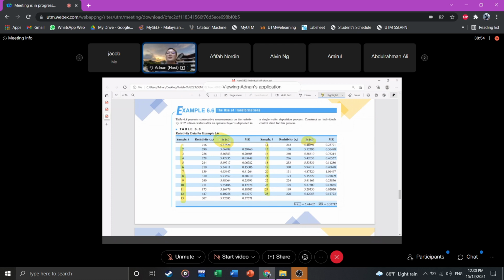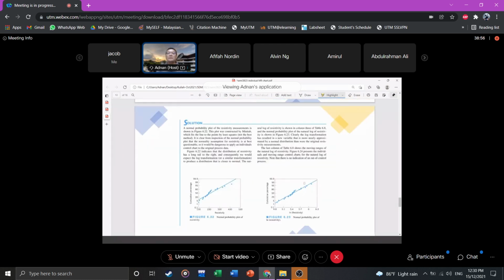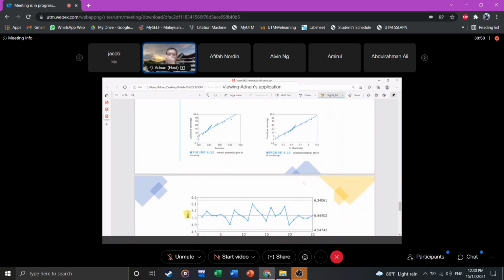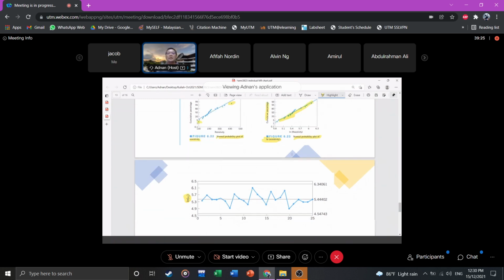When it is plotted, first we check this comparison between the raw data before transformation, and this is the data after we transform into natural log. We see here the data is closer to the line compared to this, where some data deviate from the line. So these are the plots.